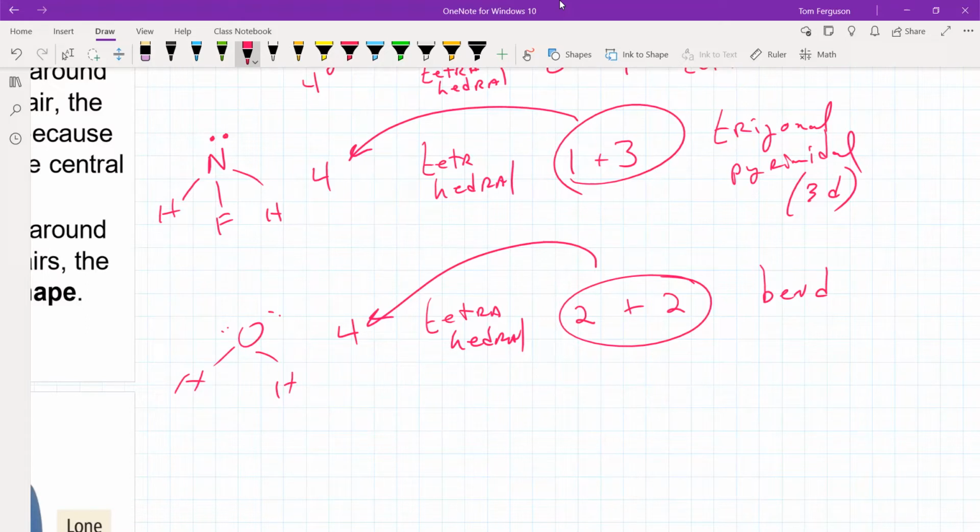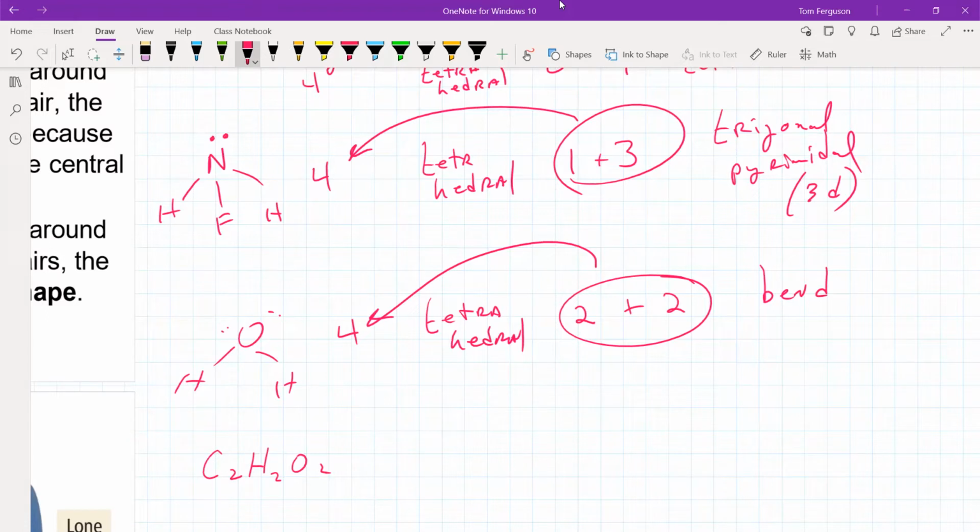Now, the first thing you need to do when I give you a formula like that is to do a Lewis dot structure. Step number 1.